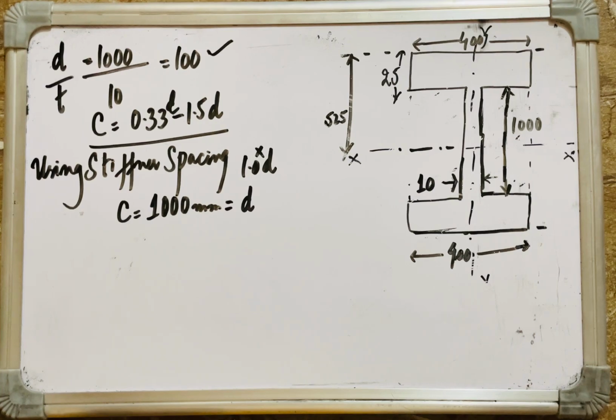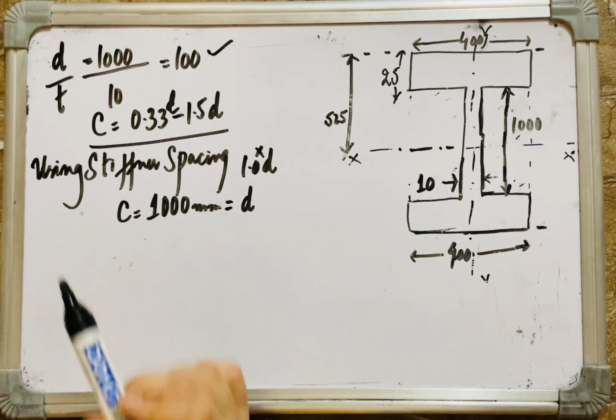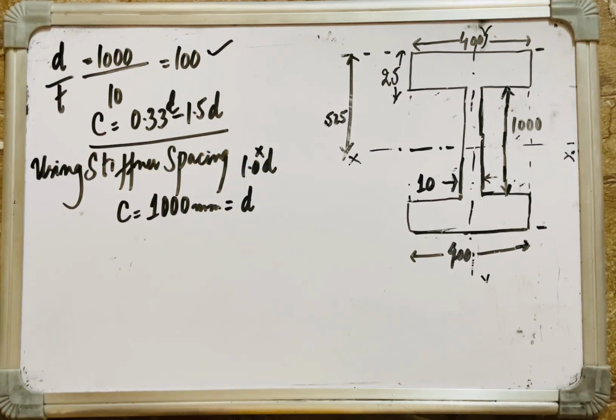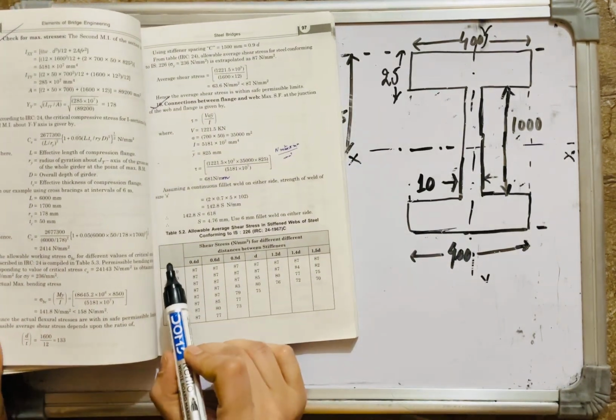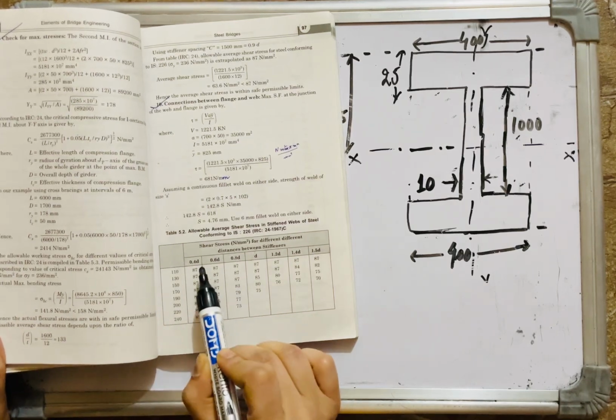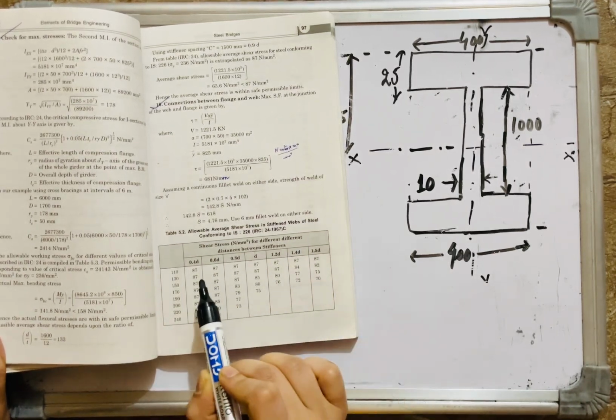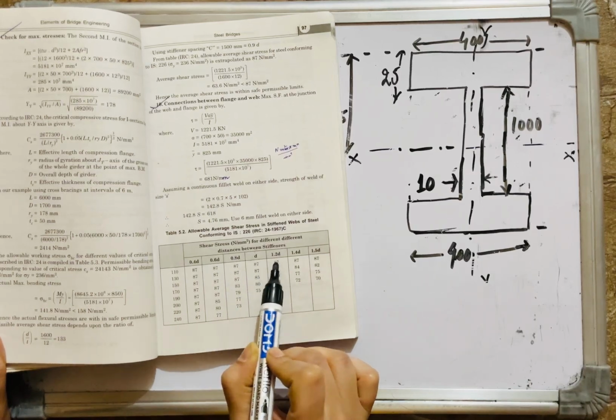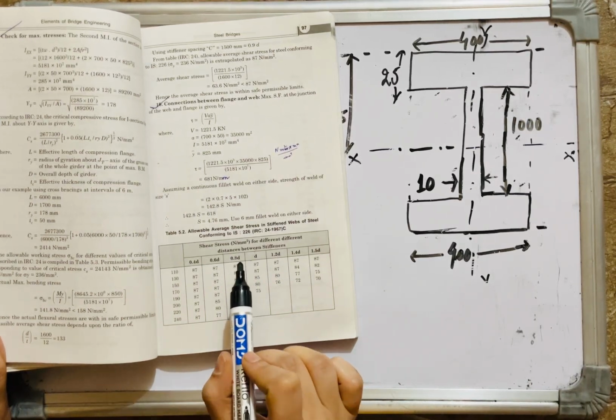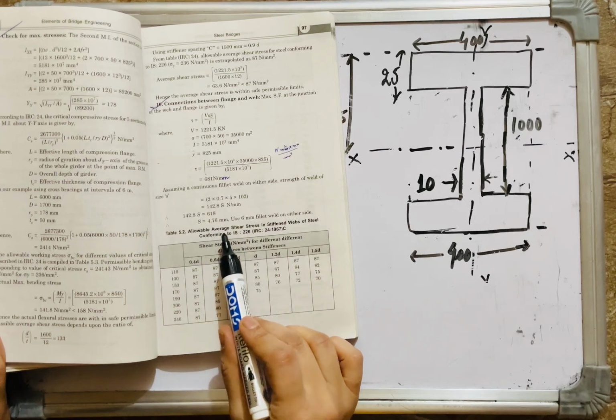Now we have to calculate it from the table. So this is the table for allowable average shear stress in stiffened webs of steel. It is dependent on the ratio d by t, and on the stiffener spacing. Here in this column is the ratio d by t, and from this side you can see various spacings of the stiffeners you are using. Then only you will have values of the allowable average shear stresses.